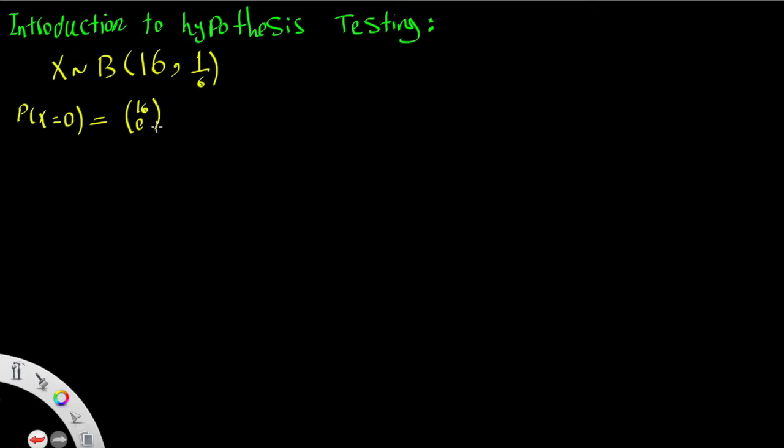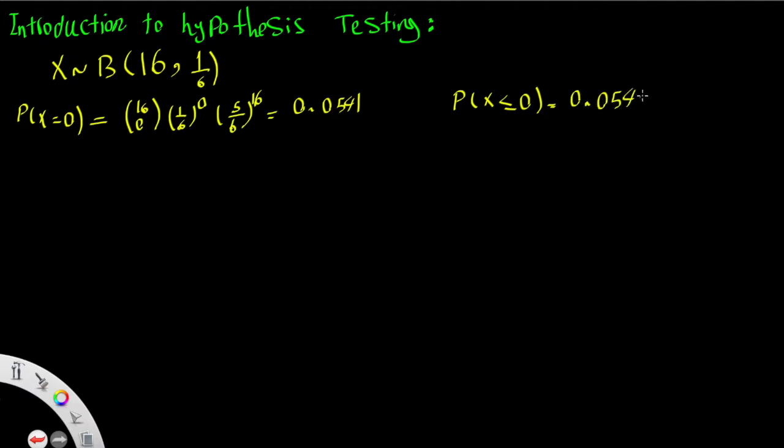Combination of 16, 0, times 1 over 6 to the power of 0, times 5 over 6 to the power of 16, giving you an answer of 0.0541. So the probability of x less than or equal to 0 will be the same number, because there is no case less than 0, so it will be 5.41%, correct to 3 significant figures as a percentage.